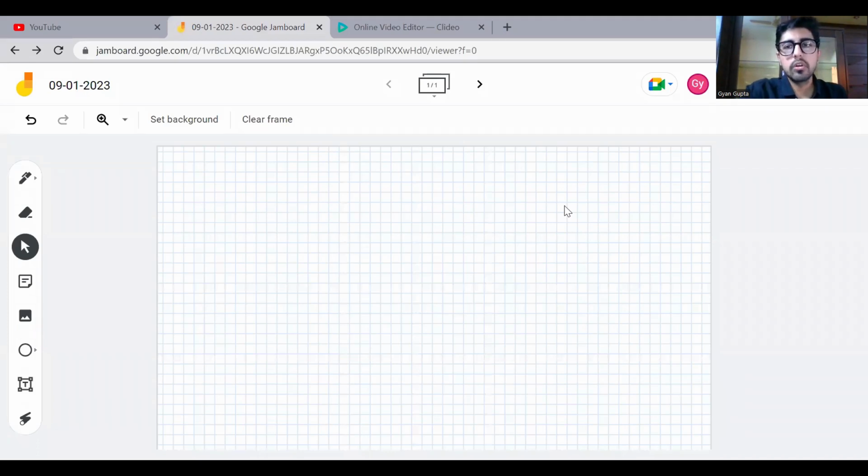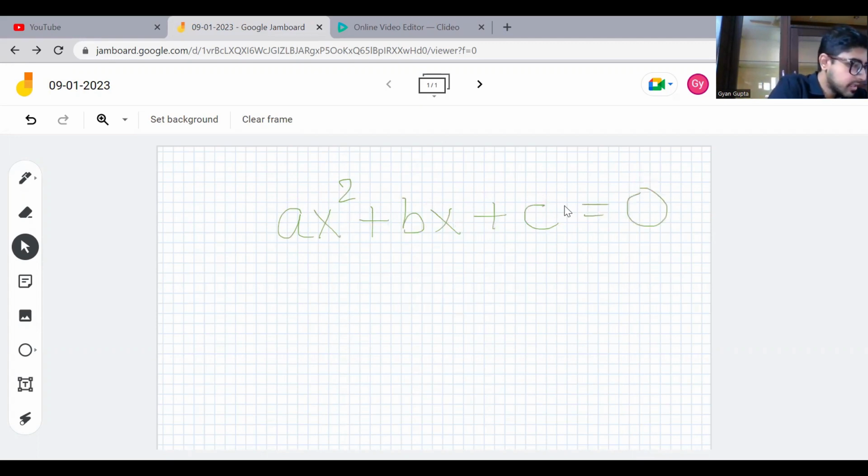Firstly, let's understand what quadratic equations are. Quadratic equations are of the form ax square plus bx plus c is equal to 0. Let's understand what this means. In this case, x is a variable. It can take any value. a, b, and c belong to real numbers.